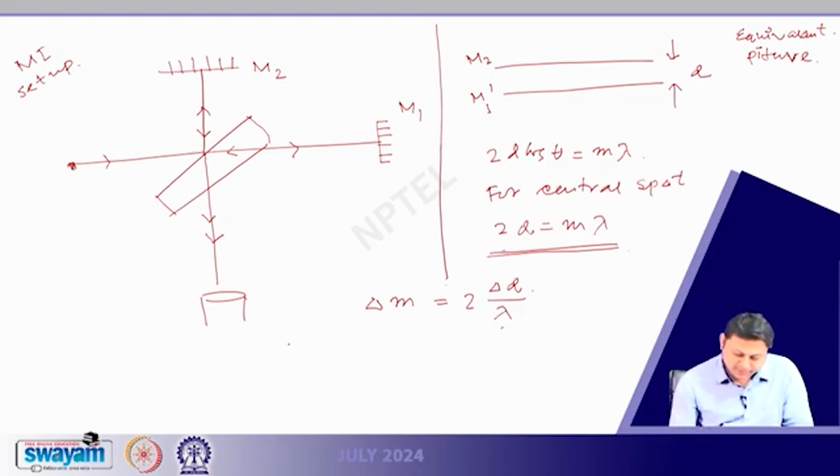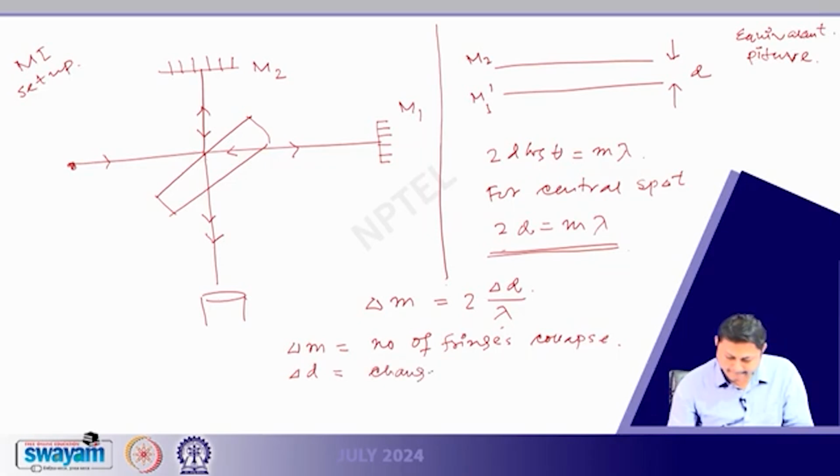Here delta m is the number of fringe collapse, and delta D is the change in mirror relative location.